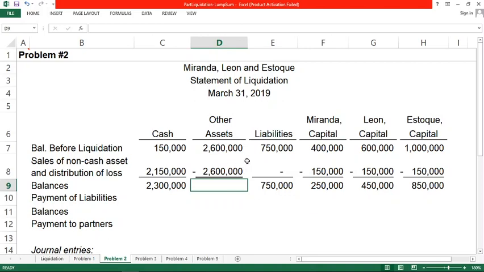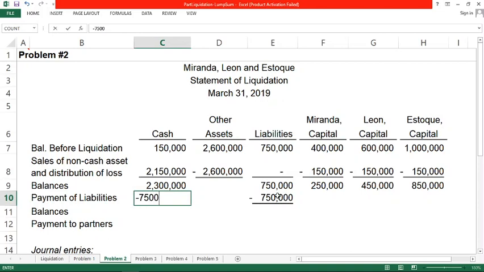After selling all our other assets or non-cash assets, let us now consider paying all our liabilities. Therefore, our remaining cash is 1.55 million.